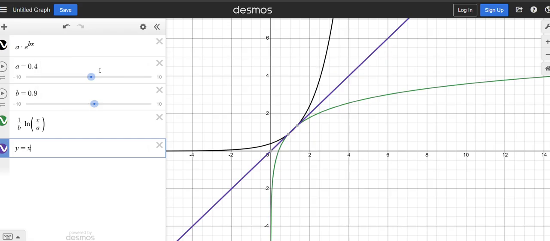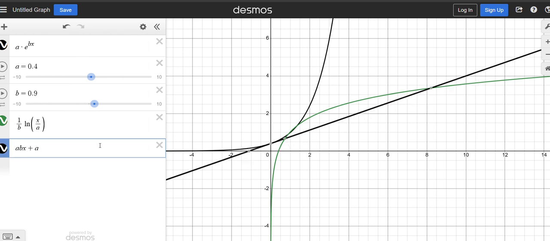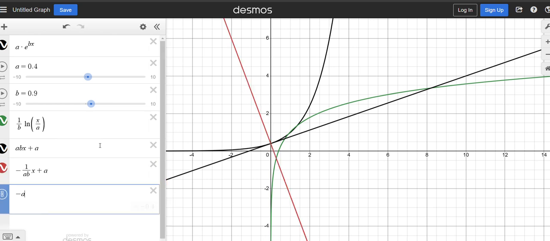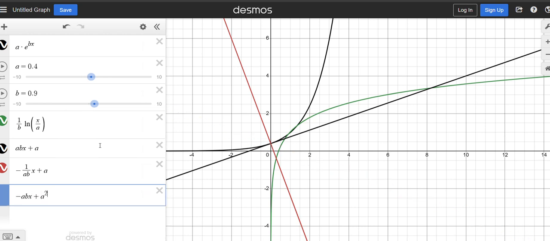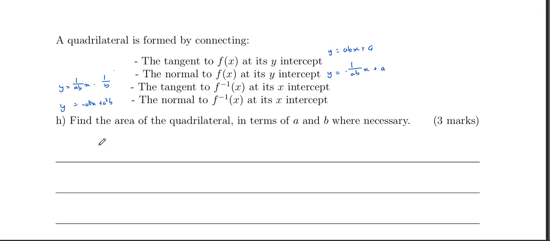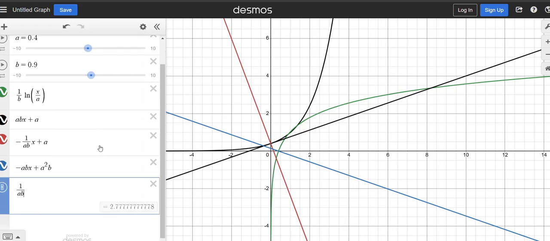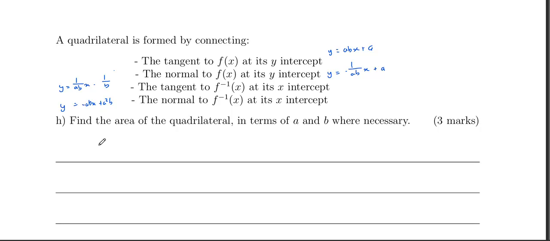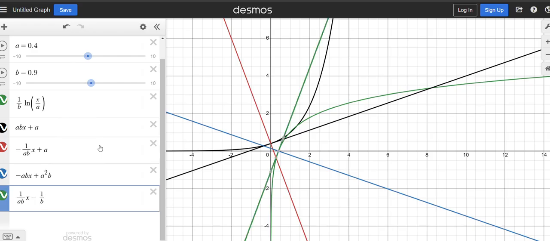So let's see what that looks like. Look at that. Negative 1 over ab x plus a, negative ab x plus a squared b, and finally 1 over ab x minus 1 over b.